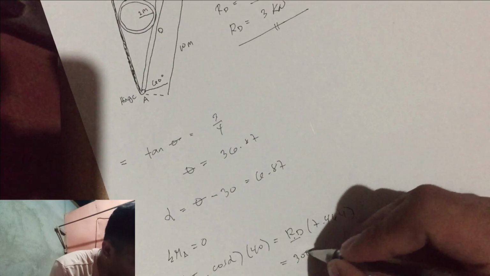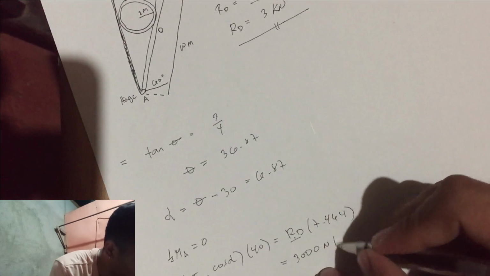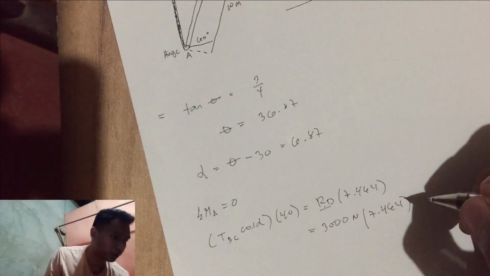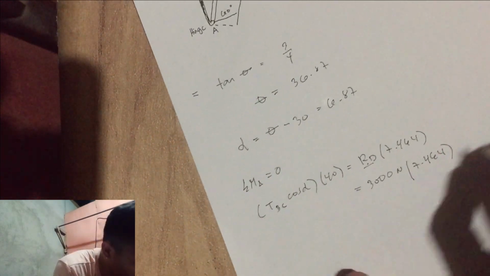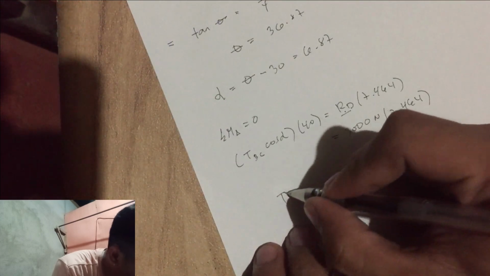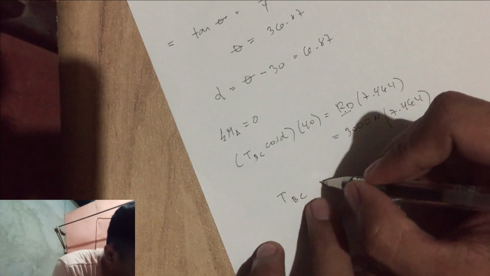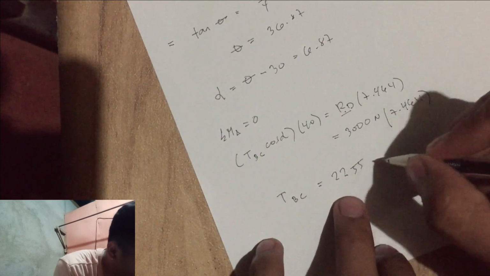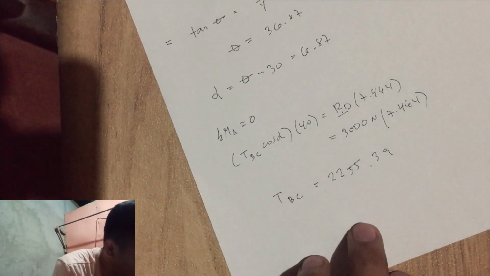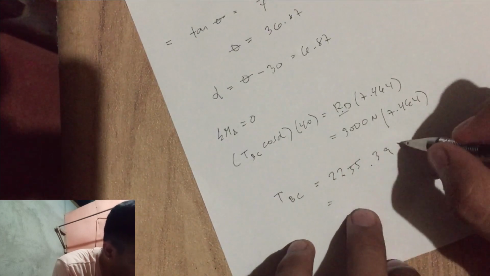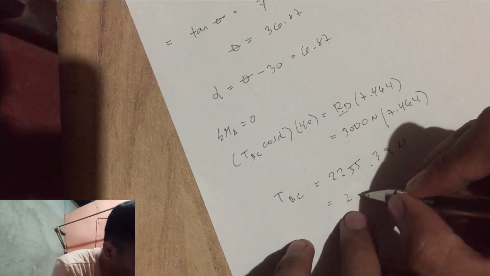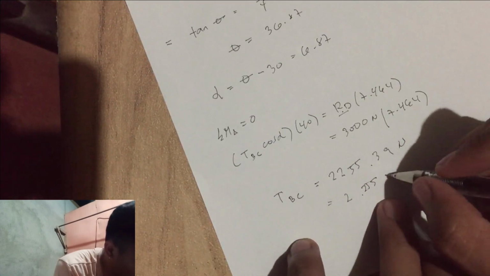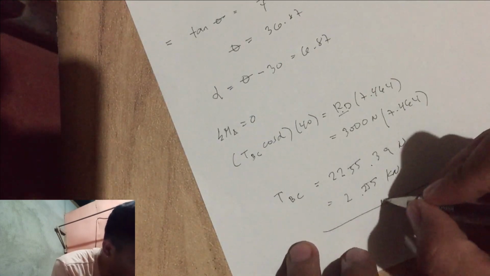So 3,000 Newton times 7.464. Overall, T BC equals 2255.39 Newton, or 22.55 kilonewton.